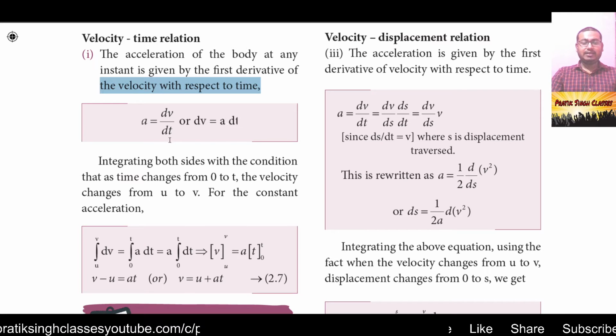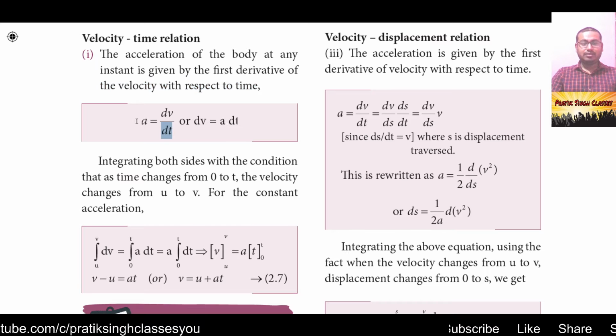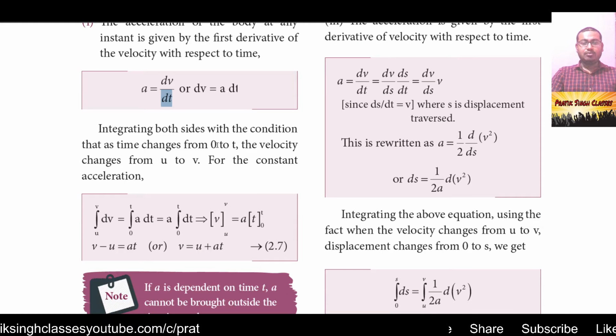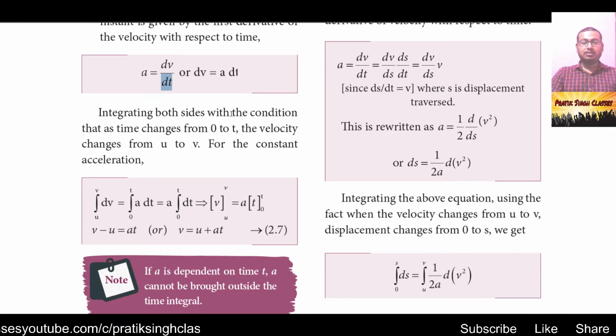Here dv by dt means first derivative of velocity with respect to time. If you just take the denominator dt to the left hand side, you will get a dt is equal to dv, or dv is equal to a dt. Now integrate both sides. When we have to integrate, we always have to give the lower limit and the upper limit.